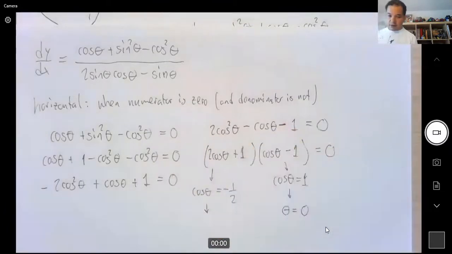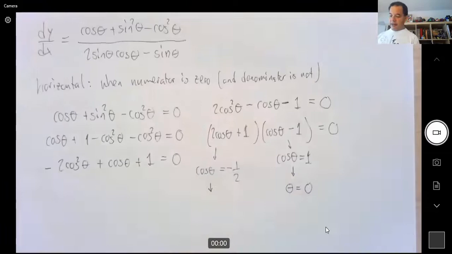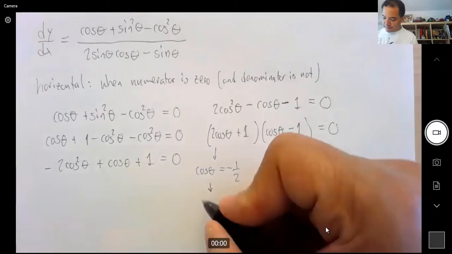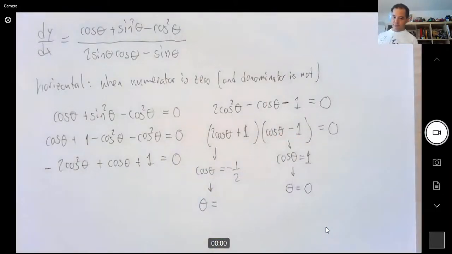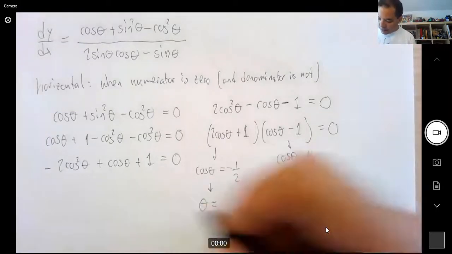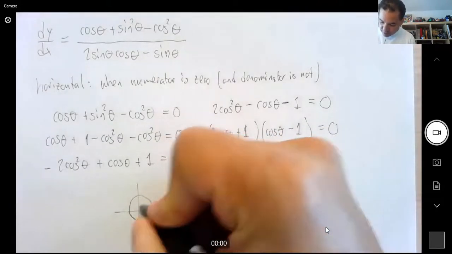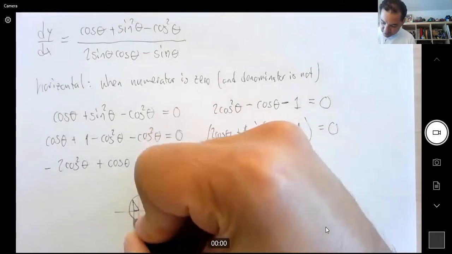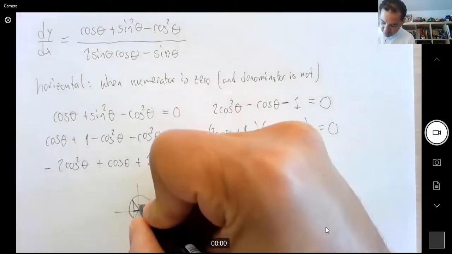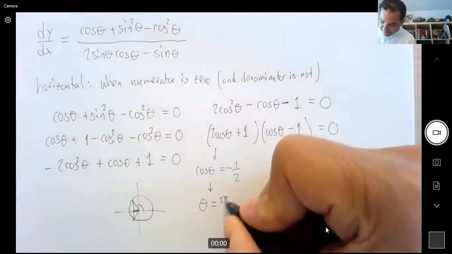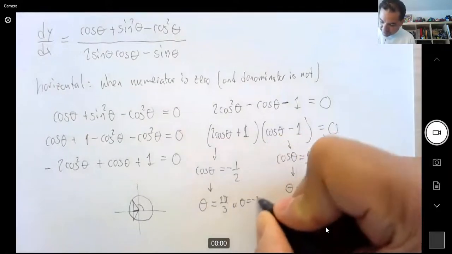And over here, what angle gives you -1/2 as cosine? Here's our unit circle, -1/2. So it's one of these two angles: 2 pi thirds or -2 pi thirds.